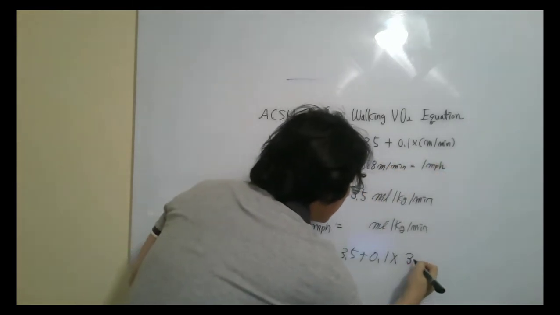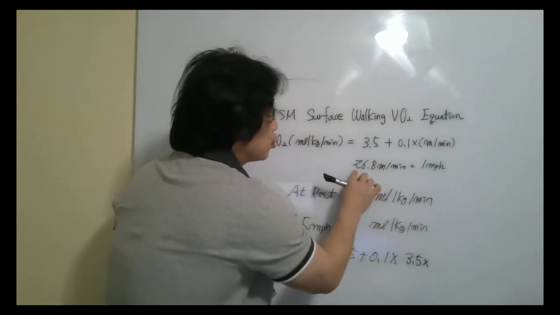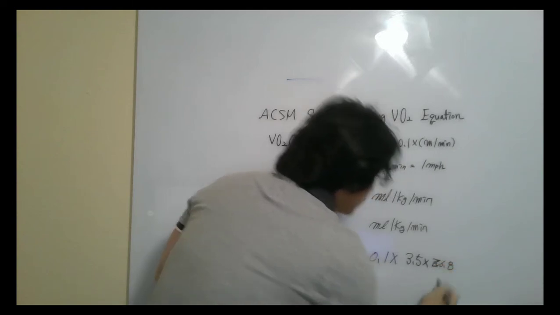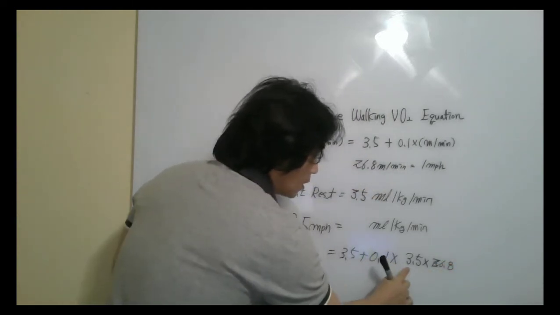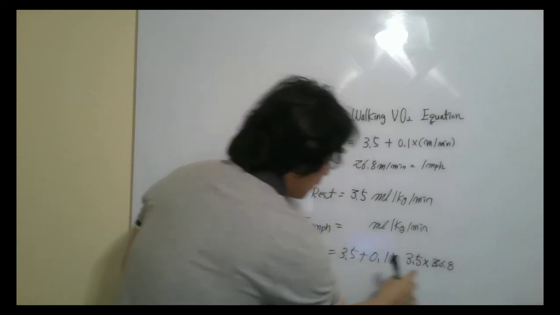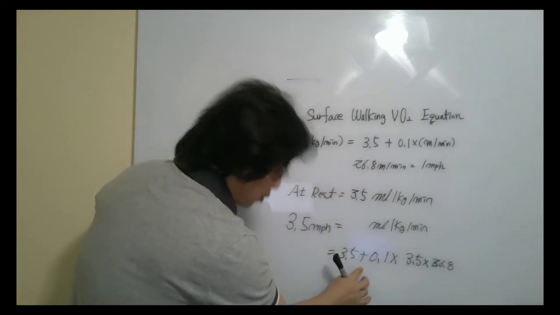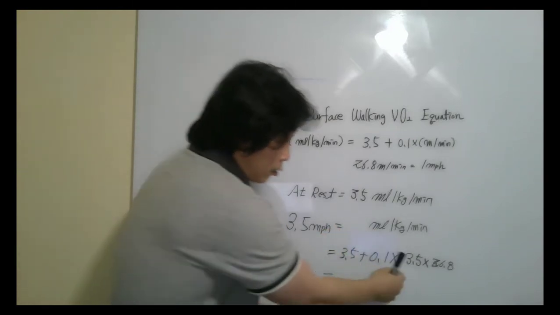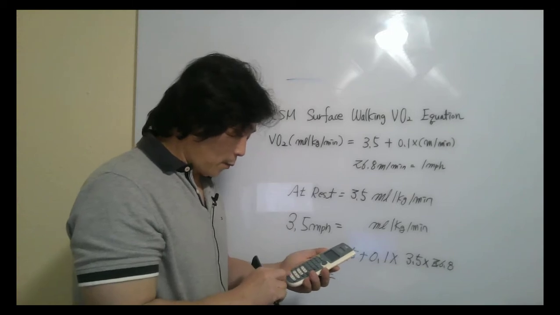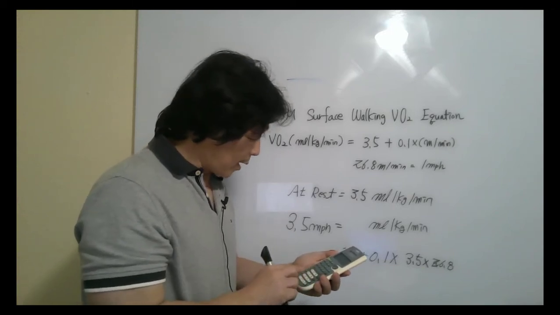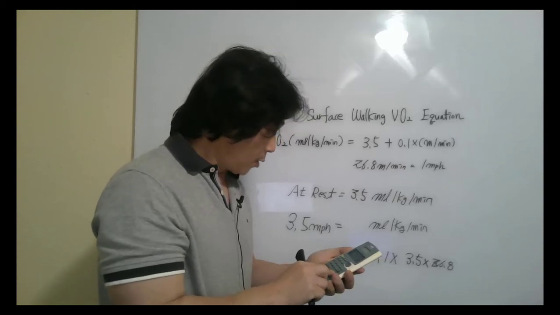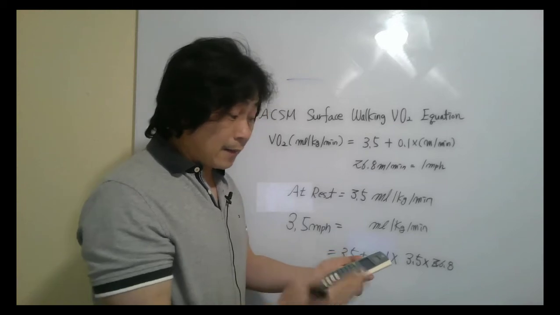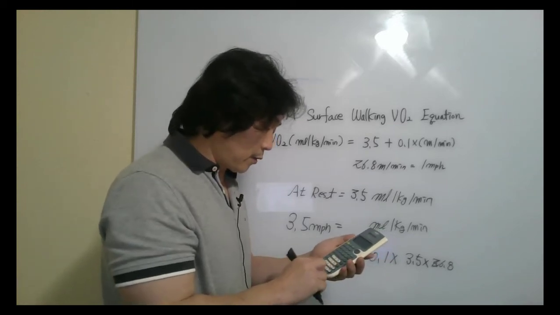So 3.5 multiplied by 26.8. Our constant 0.1 is multiplied, and then plus 3.5. You must calculate the multiplication first. 0.1 multiplied by 3.5 multiplied by 26.8 equals 9.38, and plus 3.5.